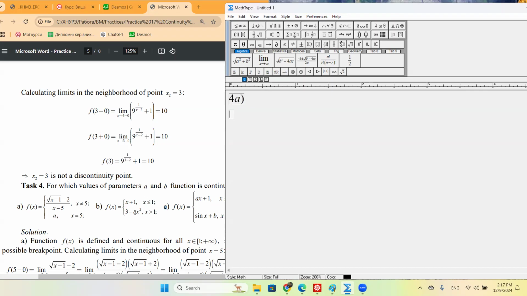But we need to find the value of parameter a to make this function continuous. So calculating limits at the point x equals 1. The function is defined for all real numbers.